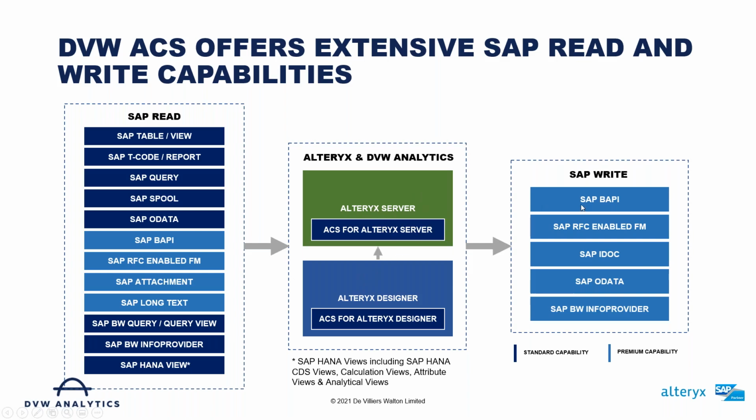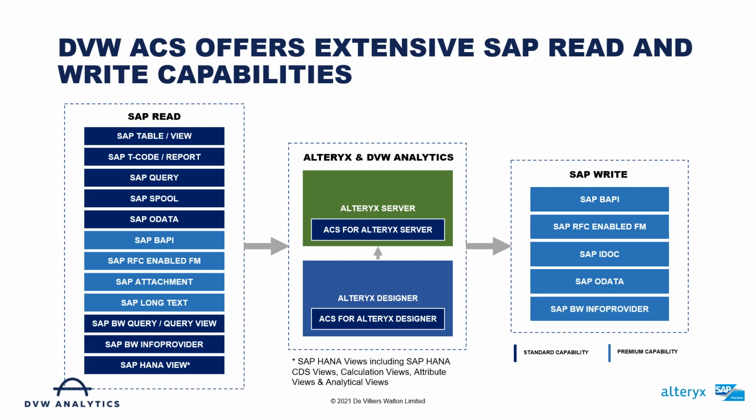Notice also, however, that we have a suite of write tools against some of the standard SAP solutions for writing data back into SAP. So certainly BAPI and IDOC are well known. BAPI tends to be more at maybe a transactional level, so you're able to write back into SAP transactions, almost.